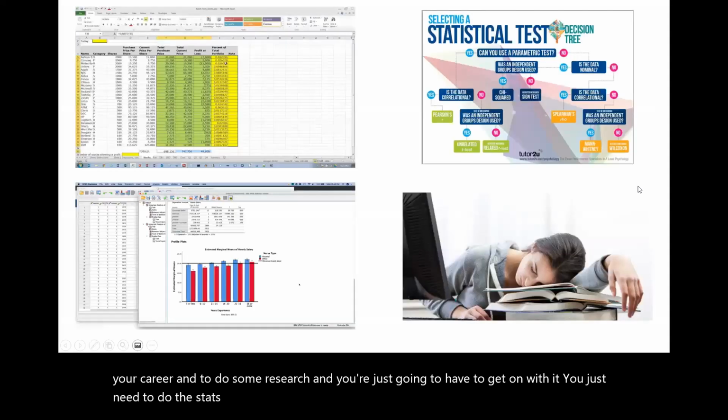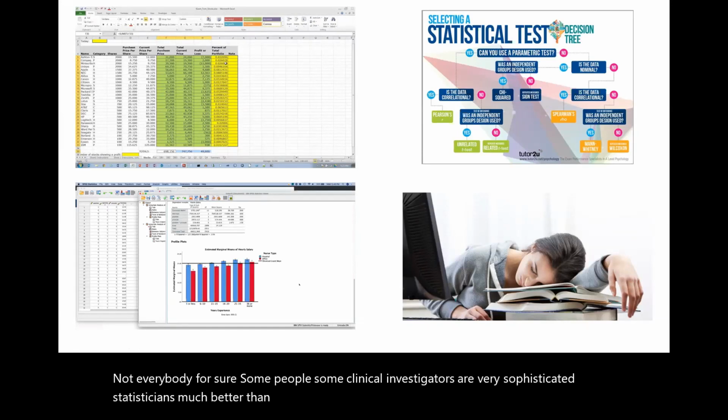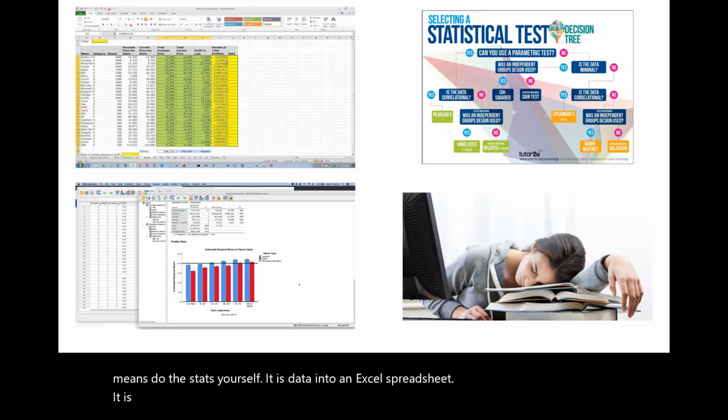And I've learned over the years that this is what doing the stats yourself tends to look like. Not everybody, for sure. Some clinical investigators are very sophisticated statisticians, much better than I am. Those people 100% exist. But most of the time, doing the stats yourself means data into an Excel spreadsheet, picking out a statistical test based on a flow chart, and popping it into SPSS.